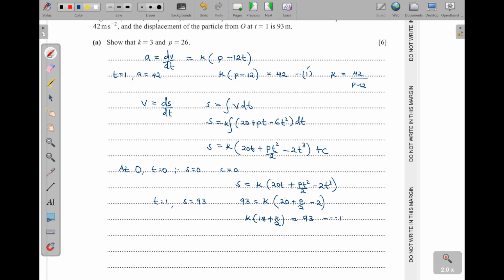This is the second equation. So solving equations 1 and 2 simultaneously.